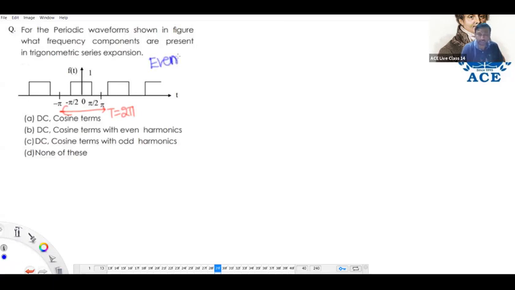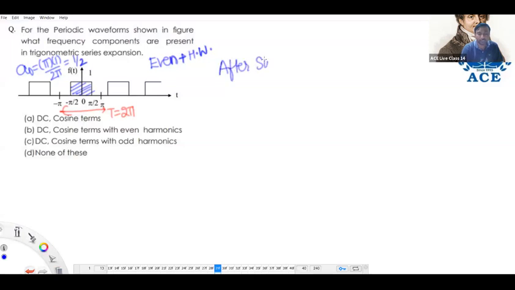After removing the DC, you can also feel half wave. Perfectly even from minus pi to pi, the folded version is the same. What is the DC value of this rectangle? Area of the rectangle is pi, divided by the fundamental period 2 pi. DC value is 1 by 2.